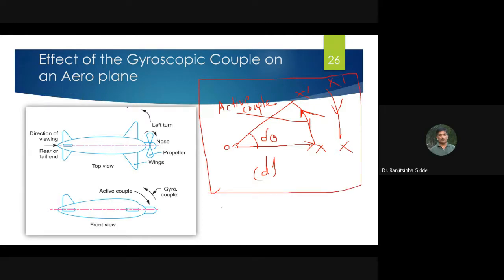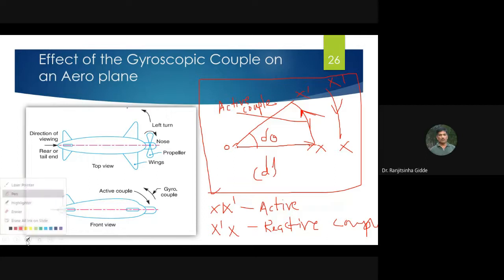So X to X prime indicates the active couple, and X prime to X indicates the reactive couple. Take down this diagram as figure D.